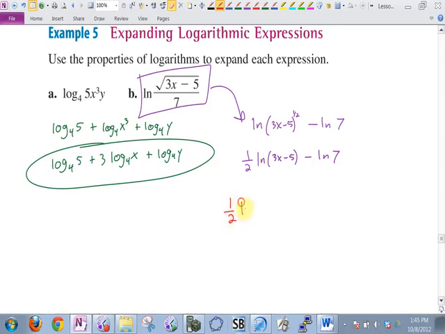Now, what if this was actually 3x minus 6, not 3x minus 5? I can factor a 3 out. Now, according to order of operations, what operation comes last? Now the multiplication comes last. By factoring that 3 out, I've changed order of operations.